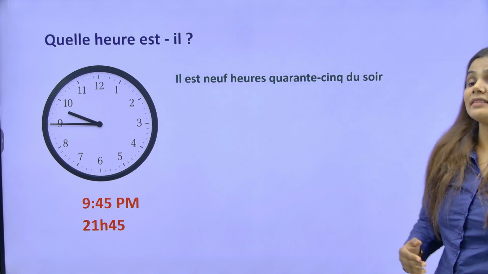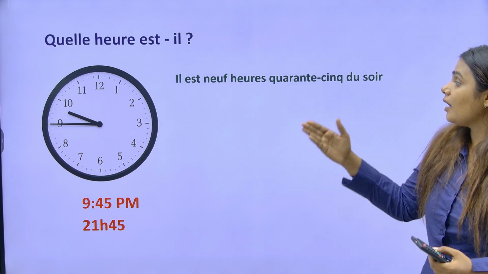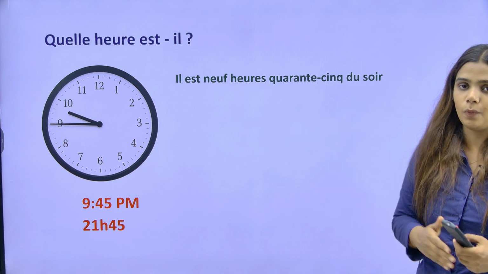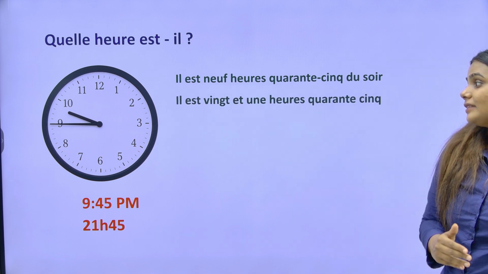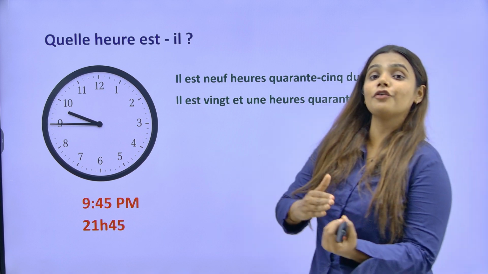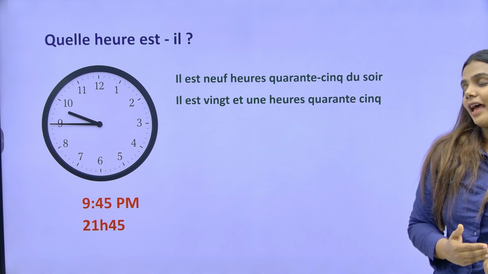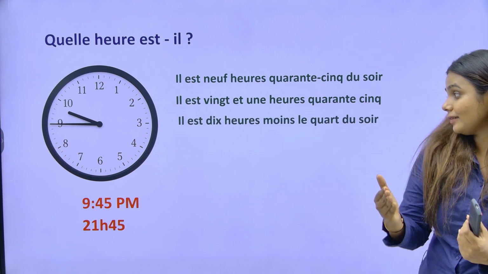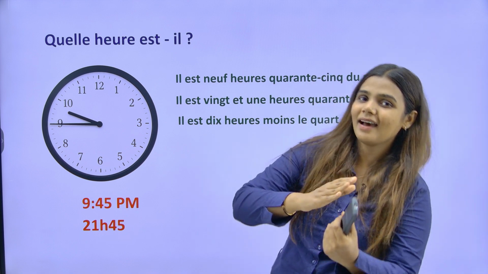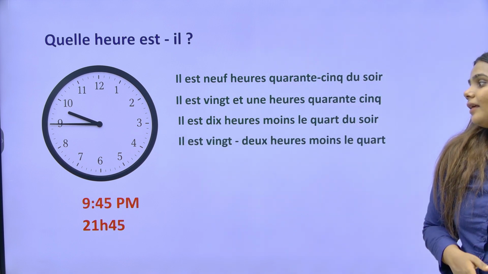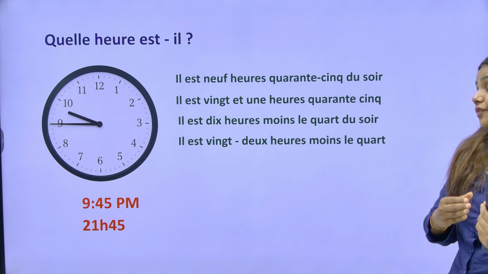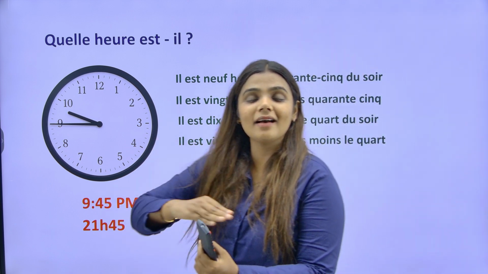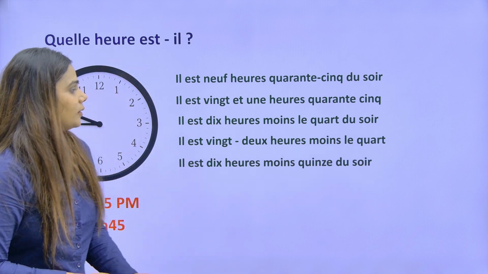I can say it as il est 9h45 du soir. I can say il est 21h45. Il est 10h moins le quart du soir. I can also say il est 22h moins le quart du soir.